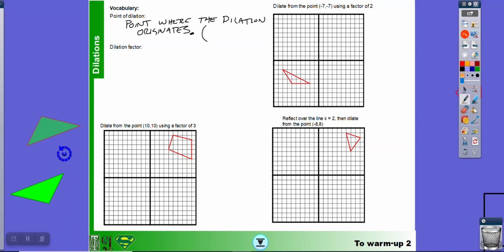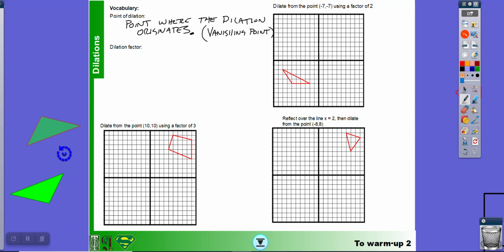Now, in first-person video games, that center of dilation is called the vanishing point. And the vanishing point is on the horizon line. So that's what we're talking about in video games.